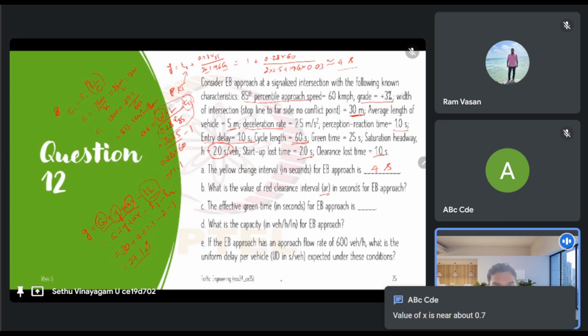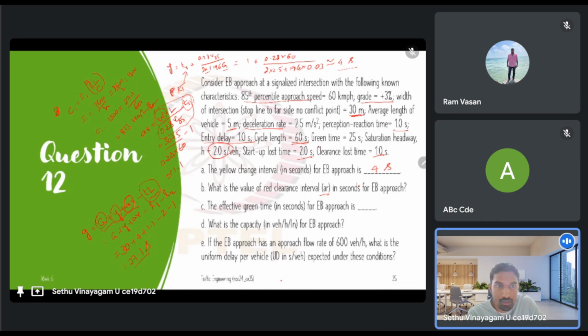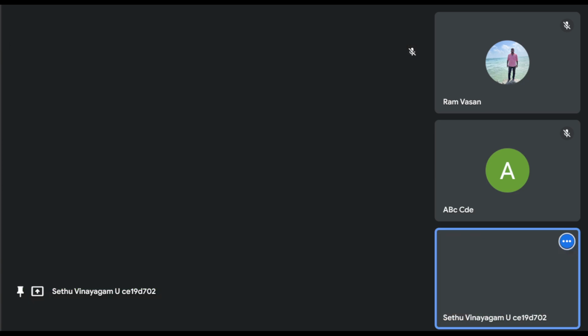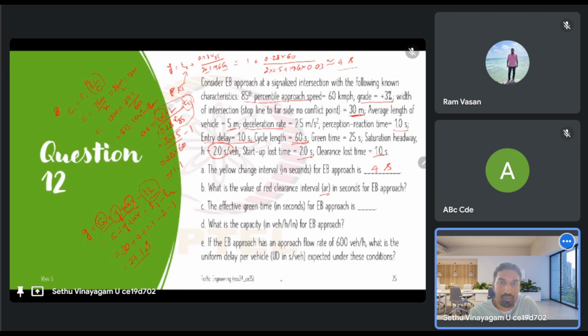Yes, the value of x is near 0.7, that is correct. So what is the uniform delay?